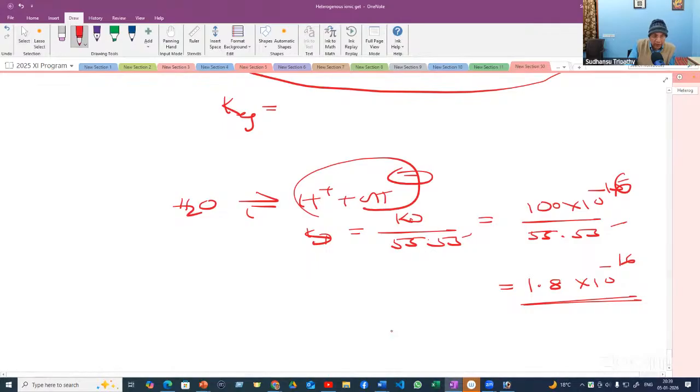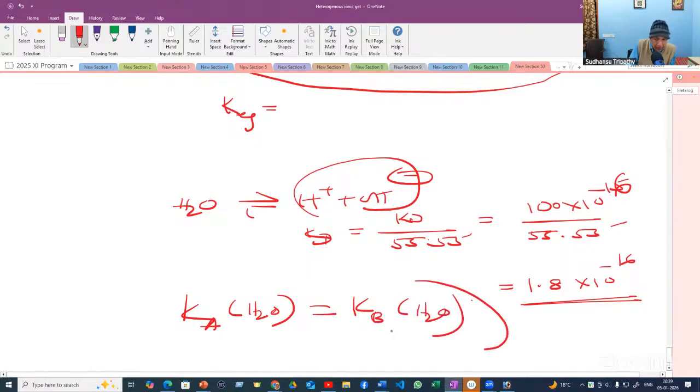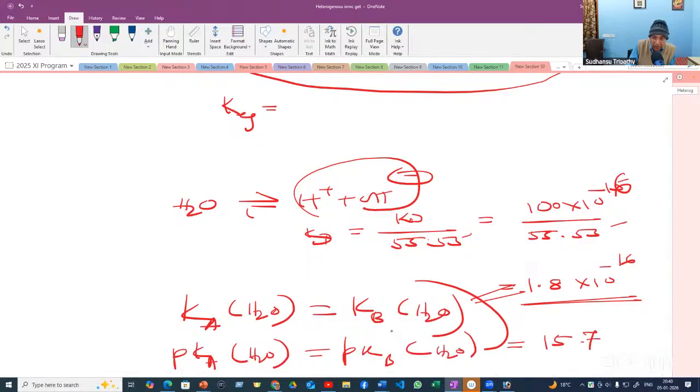So Ka of water as an acid is equal to Kb of water as a base. Water is amphoteric, so they are the same. And pKa of water is the same as pKb of water, equal to 15.74.